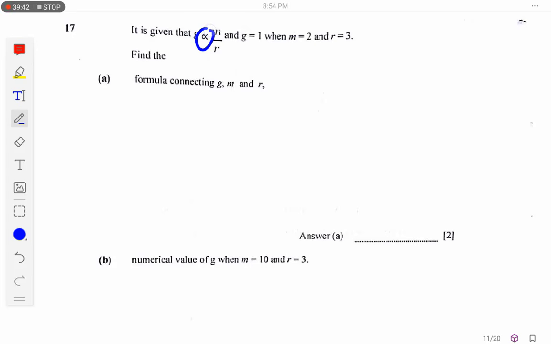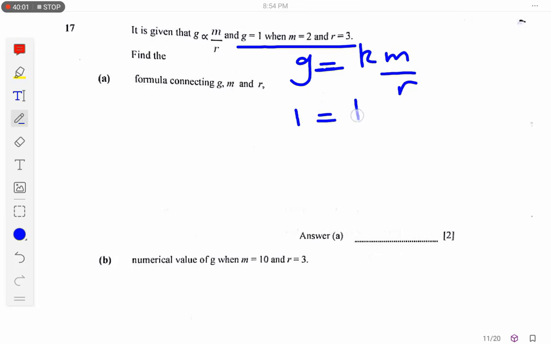To remove this proportional sign, I'm going to introduce a constant K. So this becomes G equals K M over R. Then I can substitute all these values that I'm given there. So I have G is 1 equals K, M is 2, over R is 3, like that.